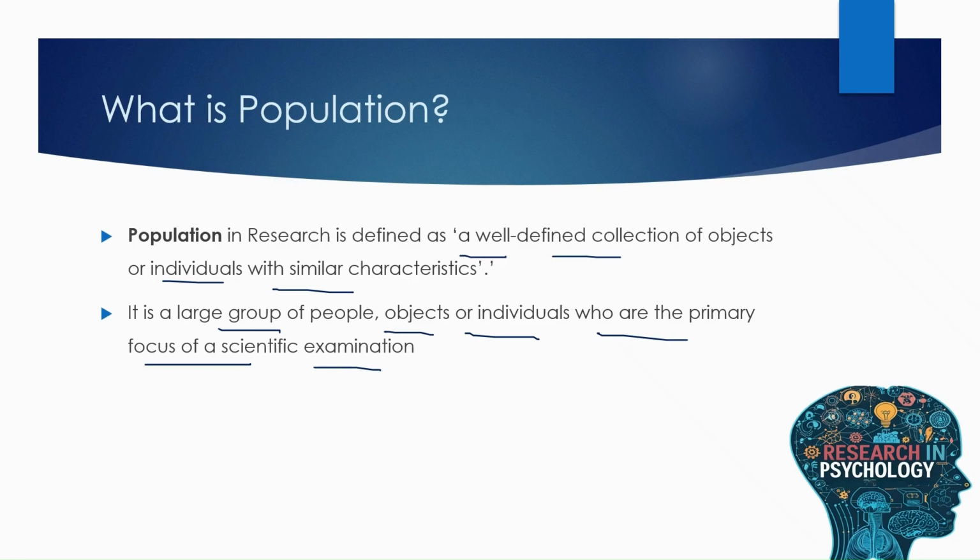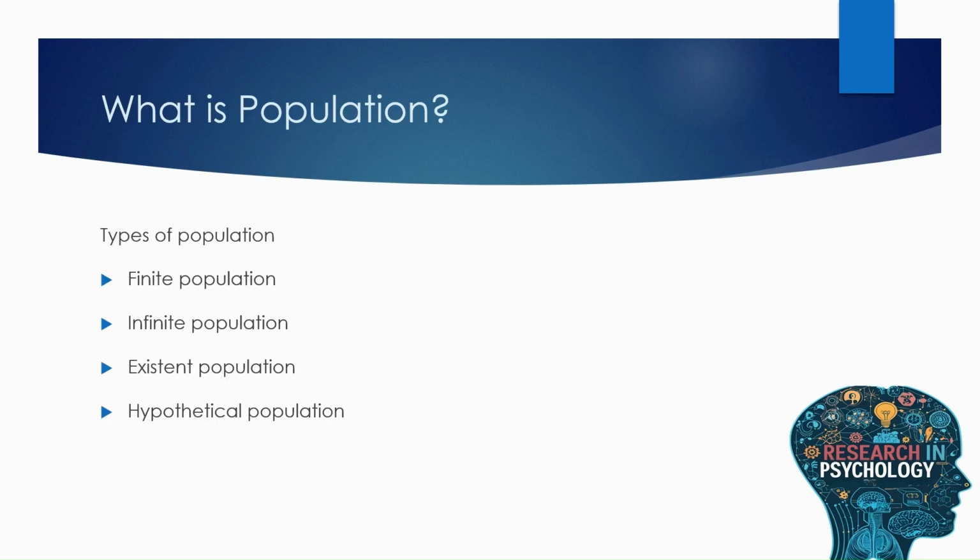Now let's look at the types of population. So first we have finite population. As the name suggests, finite population means there would be a fixed number of individuals in the population which you can count. You can determine the population size. The number would be finite.